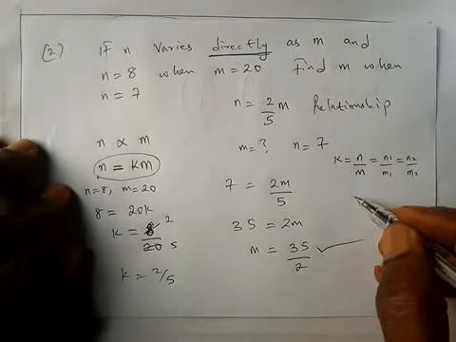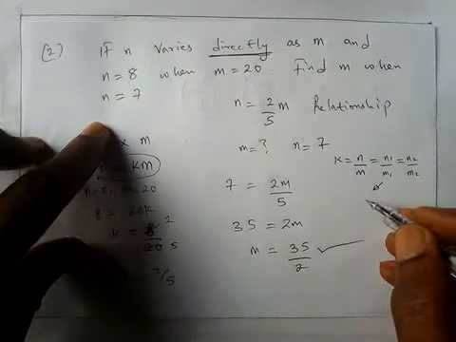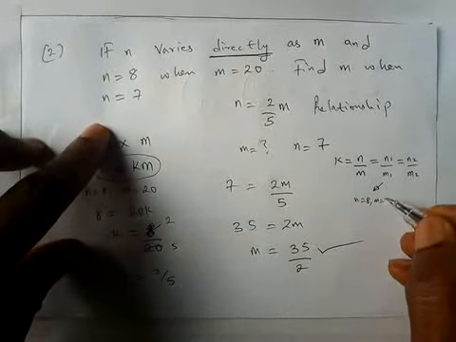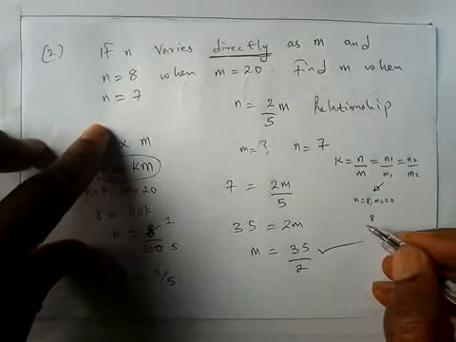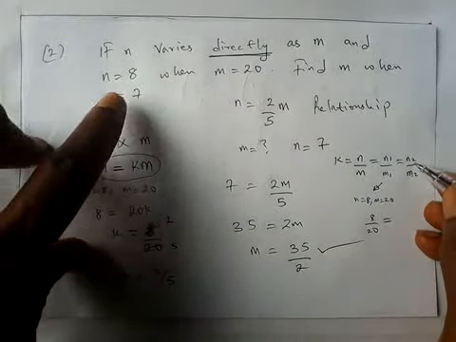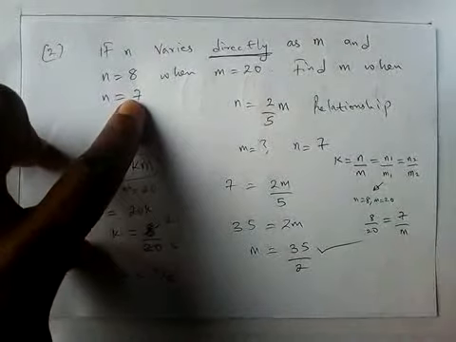So for the first case, when n is 8, m is 20, so put that there. 8 over 20 is equal to, for the second case, when n is 7, m is what we're looking for.